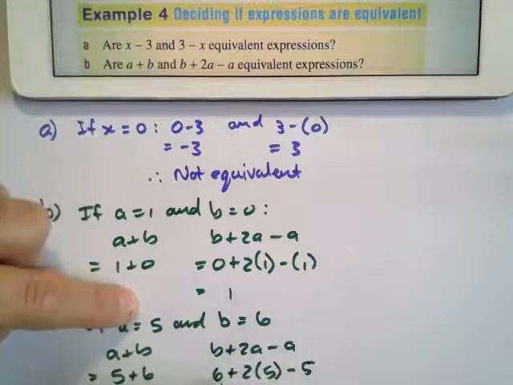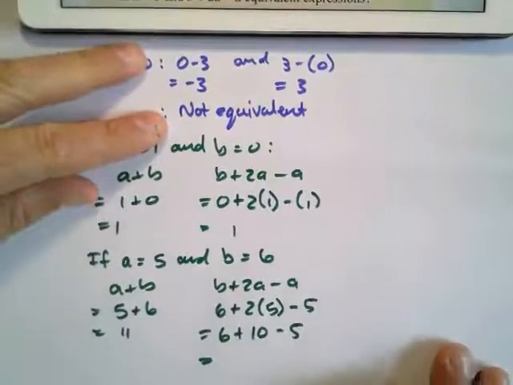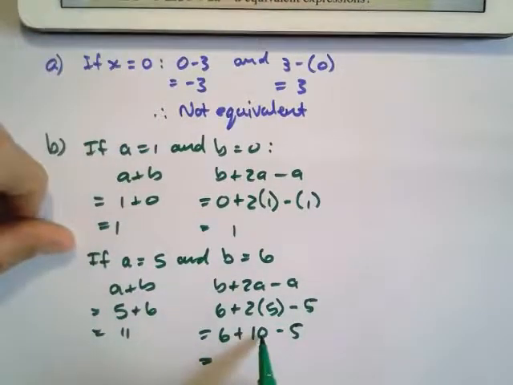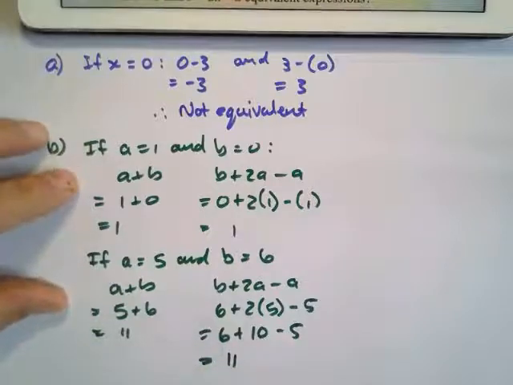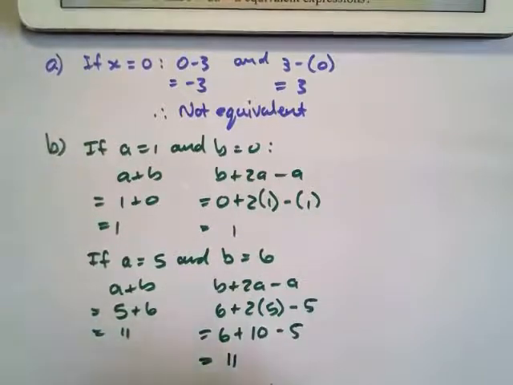My answer is 6 plus 2 times 5 is 10, take away 5. 6 plus 10 is 16, 16 take away 5 is 11. They are the same, so I can say yes, they are equivalent.